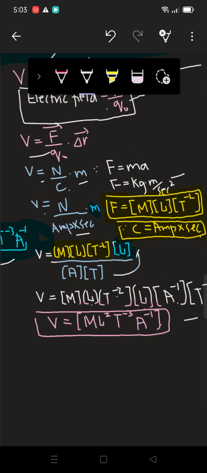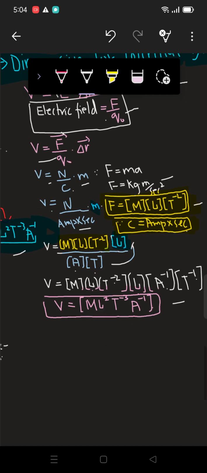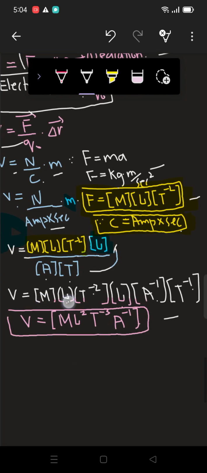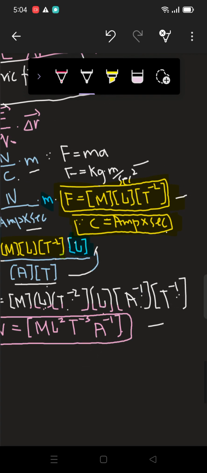So we know that now the Newton dimension is MLT⁻², and here we have written length, plus ampere into second. So ampere into second, when they go up, they will have a minus sign, right? So M L T⁻² same, L same. When they both go up, they both have negative sign, means A⁻¹ T⁻¹.